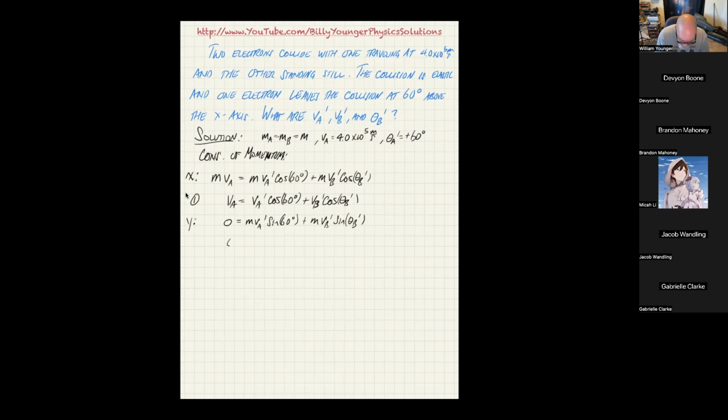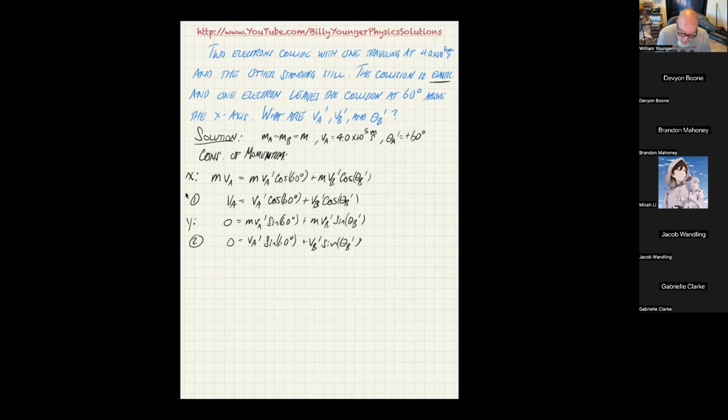So this is going to give us 0 is equal to VA prime sine 60 degrees plus VB prime sine theta B prime. Okay, that'll be equation 2.